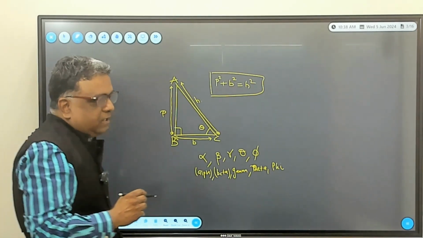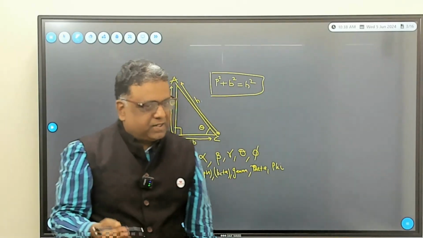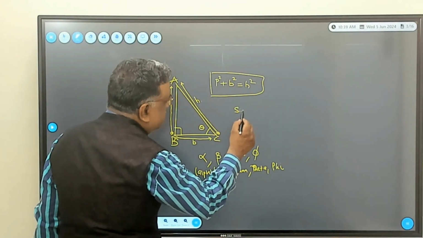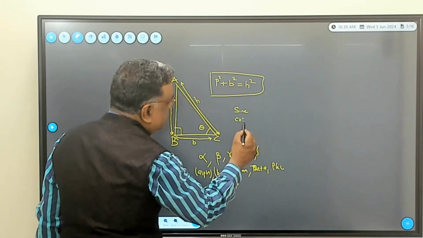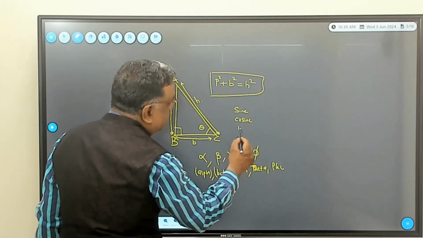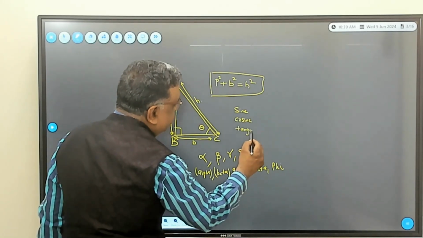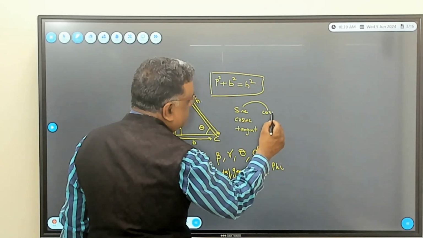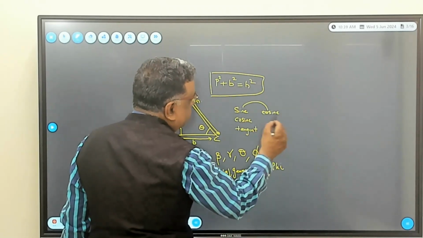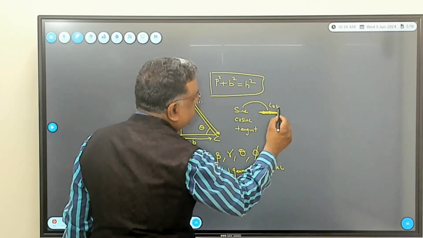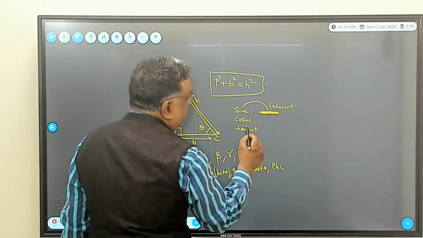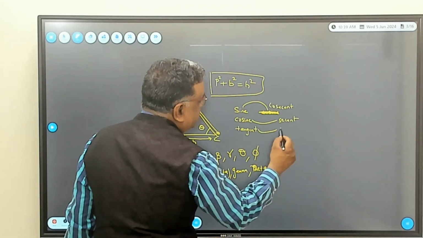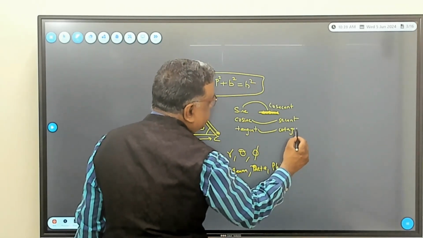There are basically 6 trigonometric ratios which are defined. Sine, cosine, and tangent are the 3 basic ones. The reciprocal of sine is known as cosecant, the reciprocal of cosine is known as secant, and the reciprocal of tangent is known as cotangent.